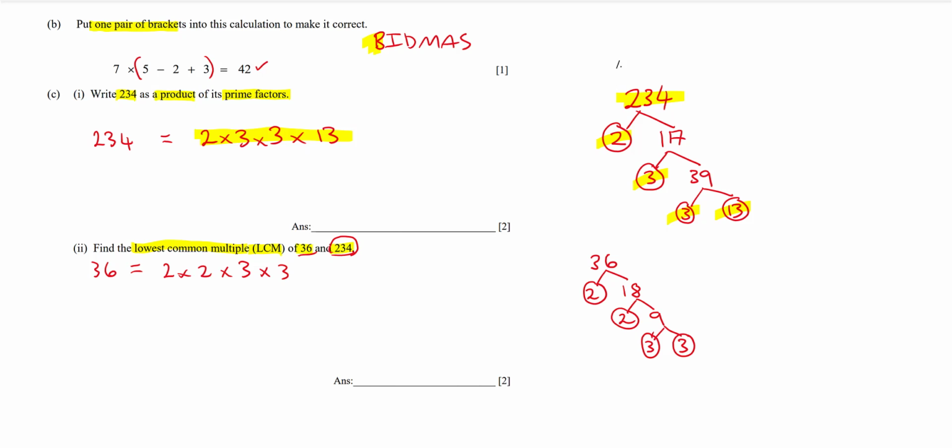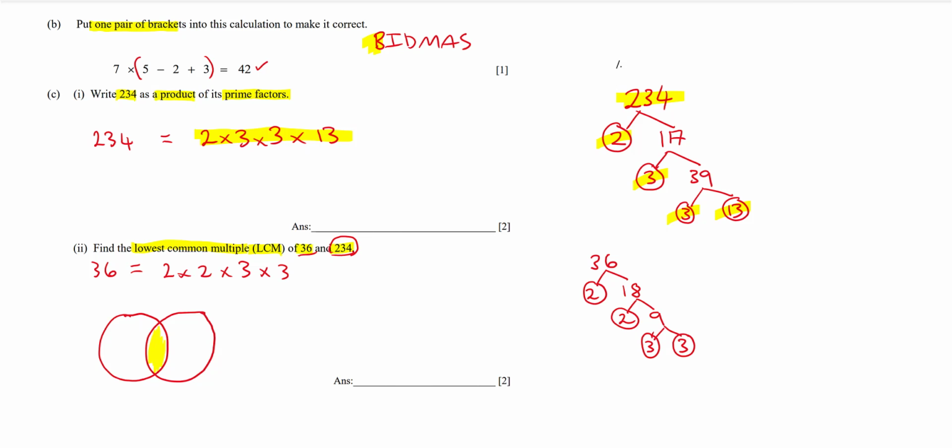Okay, so what I'm going to do now, there's a couple of ways you can do this. I'm just going to draw a couple of Venn diagrams here, just to make it clear what we're doing. So I'm going to draw one circle like that, and another like that. Where they overlap, which is this part here, I'm going to write the factors that they have in common.